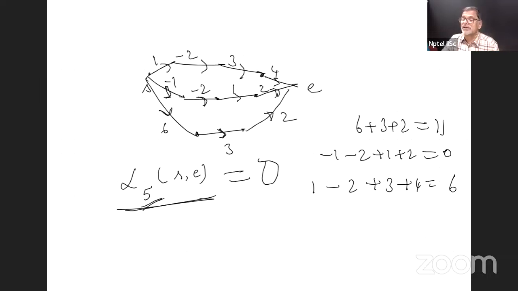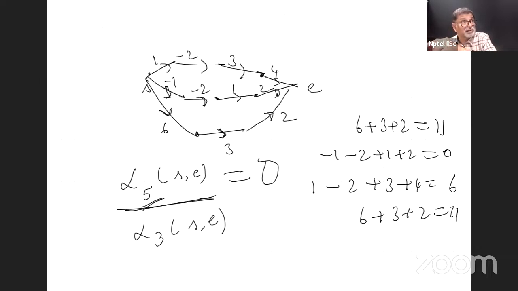Now let us calculate alpha 3 SE. We have to consider walks with maximum 3 edges. Therefore, I consider 6 plus 3 plus 2, this is 11. There are other walks in the graph, but they have more than 3 edges, so I should not consider them.